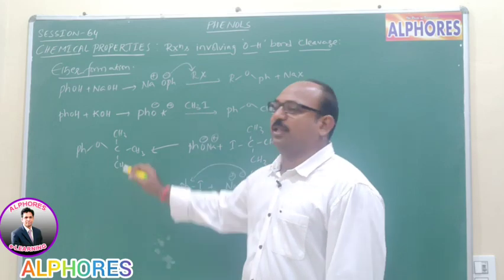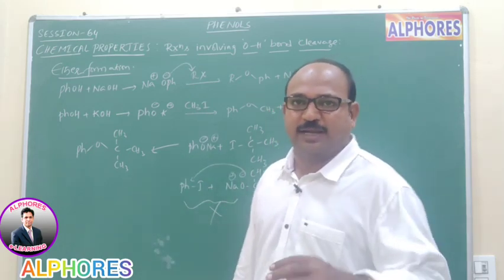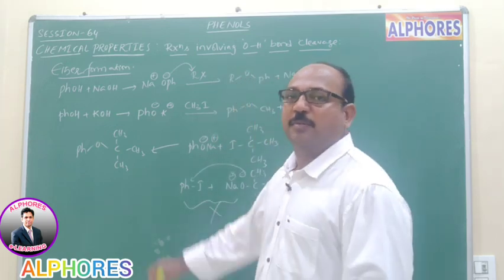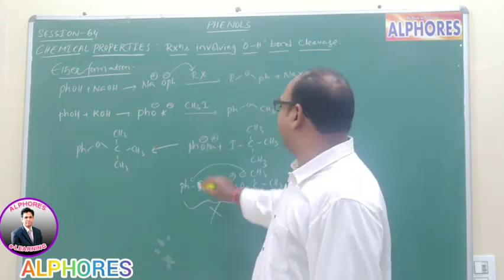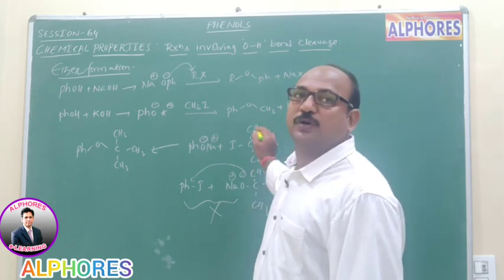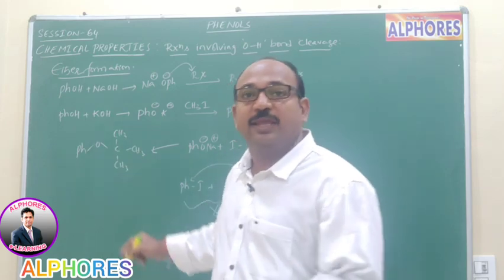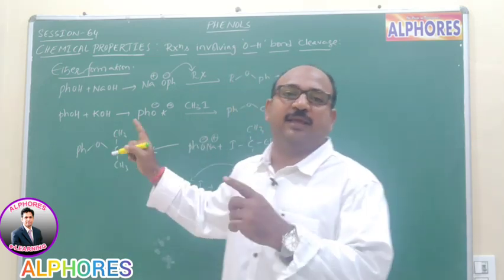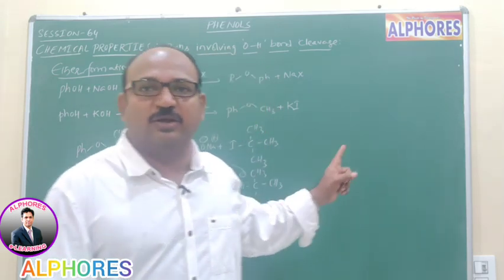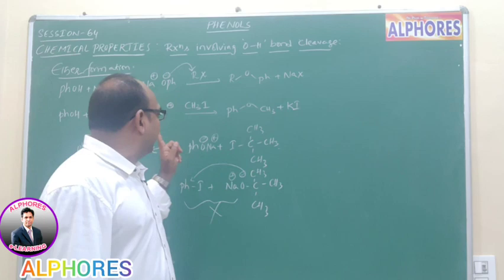If you want to prepare phenyl tertiary butyl ether, the product you get is of course a minor product, but we can prepare it only in this way, by using sodium phenoxide with tertiary butyl iodide. Along with the substitution product, we also get the elimination product, isobutene.